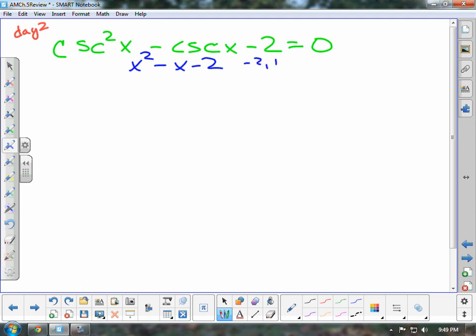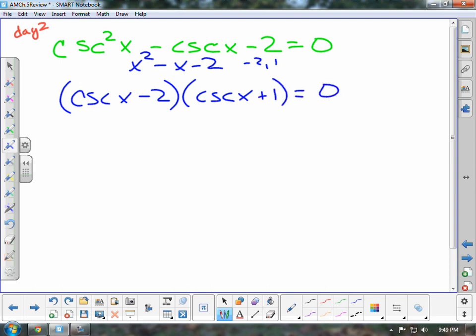So in this case, we would have cosecant of x minus 2 and cosecant of x plus 1 equals 0. And now by the zero product property, each of those can be equal to 0, and then solve, and you would get cosecant of x equals 2, and here cosecant of x equals negative 1.